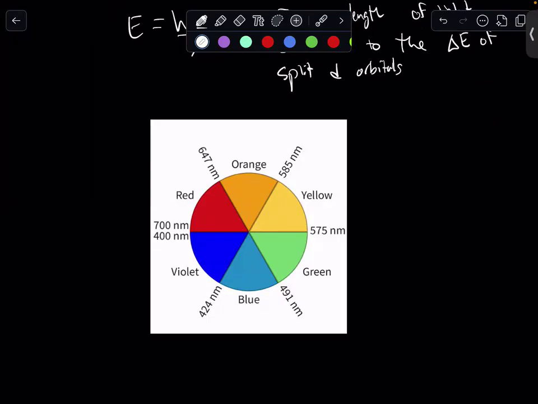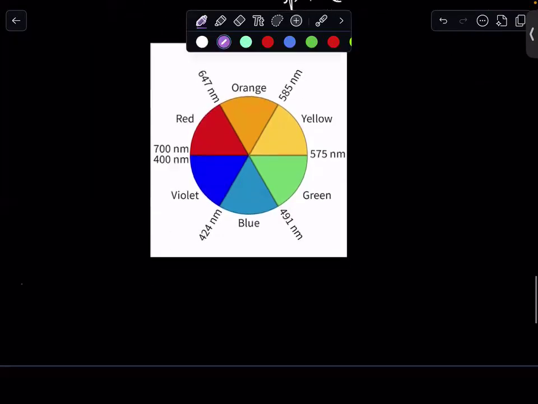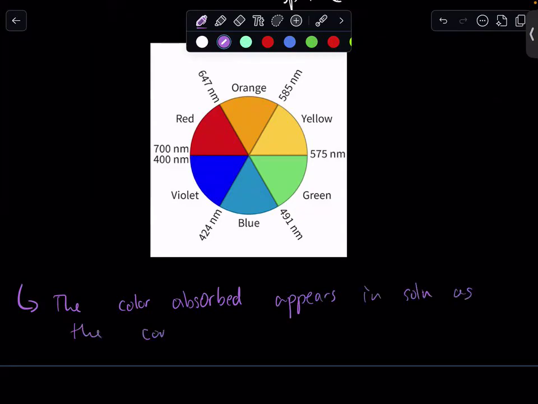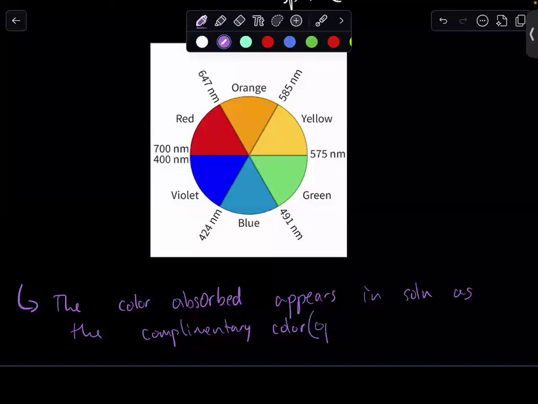And what basically we see is that the color absorbed appears to us in solution as the complementary color, basically the opposite on the wheel.